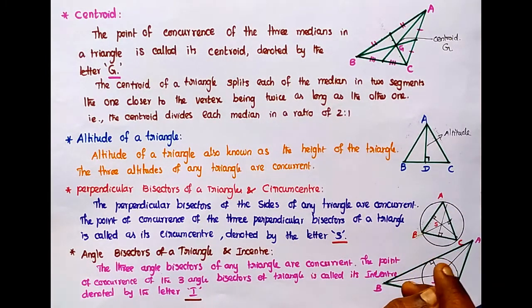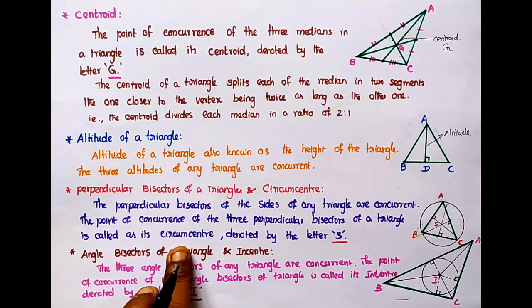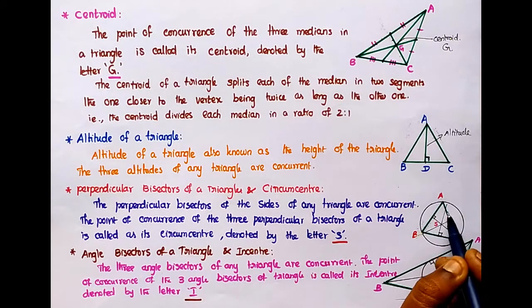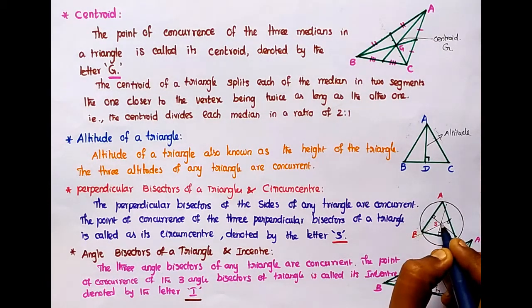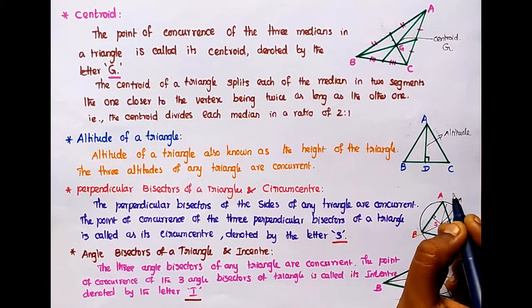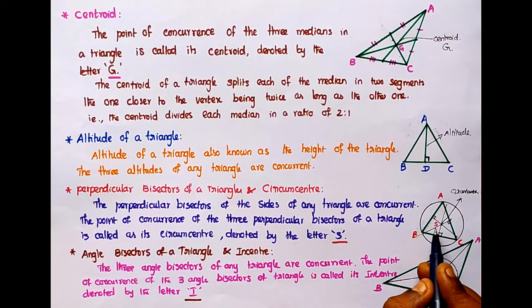The point of concurrence of the three perpendicular bisectors of a triangle is called the circumcenter. It is denoted by the letter S.